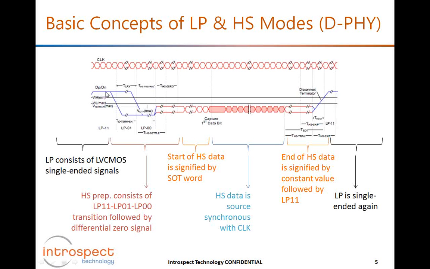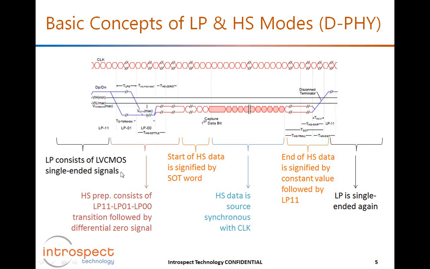This is done in D-PHY using a specific sequence of events in the LV-CMOS signal. The 2 wires of the CMOS signals start at the 1-1 state. They start high, and then one of them goes low, so that's the LP01 state, and then they both go low to the LP00 state, and then the differential transmitter starts to play a constant 0 signal. This is all described in this red section here.